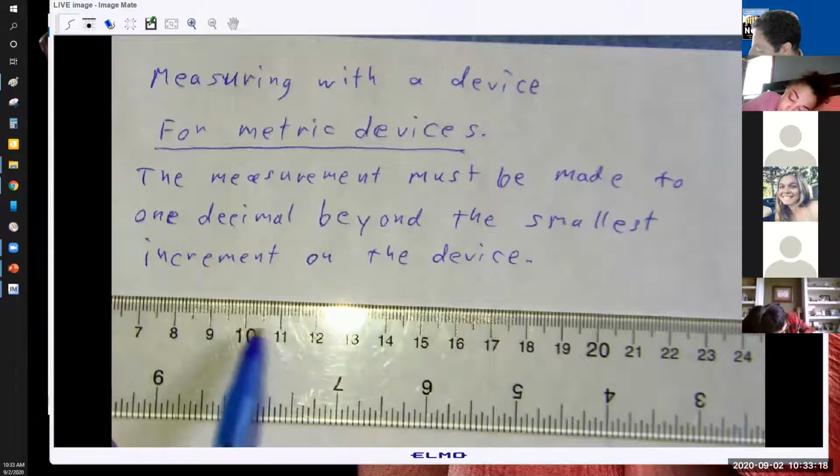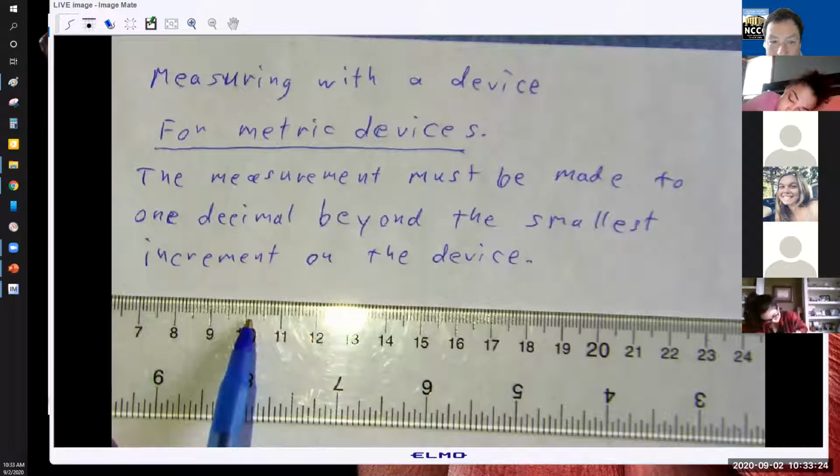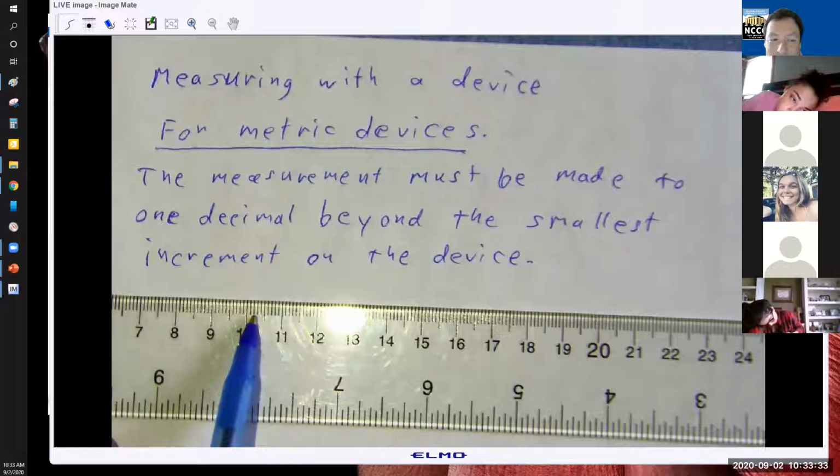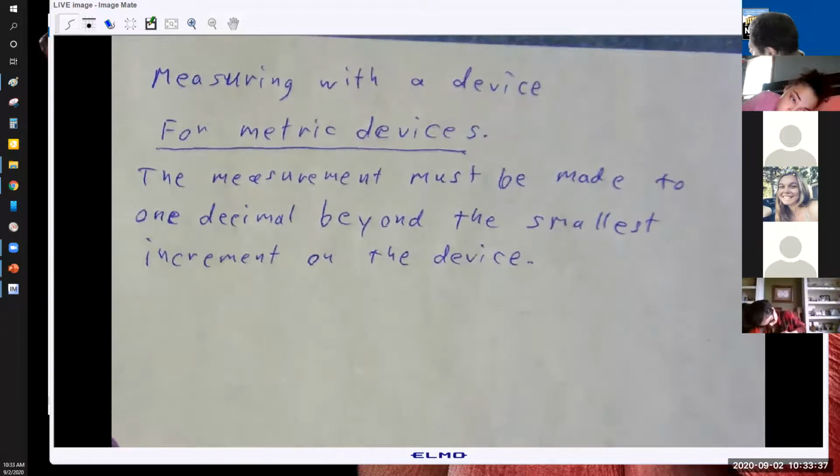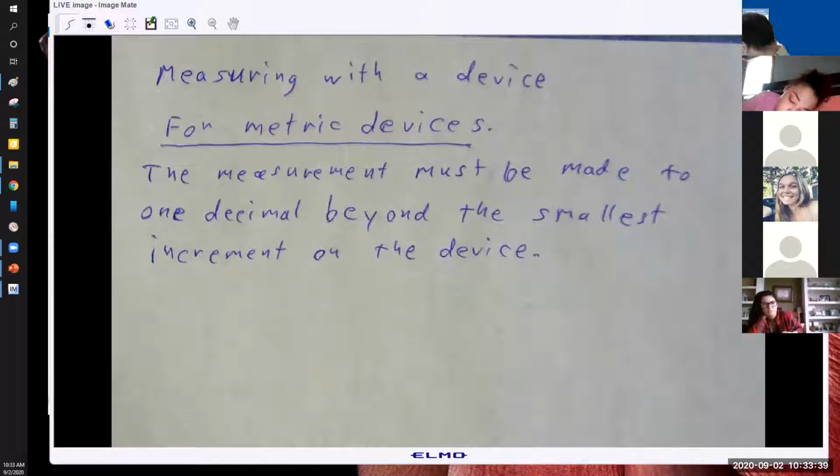So the major marking is centimeter, but we've got smaller markings, right? Small increments of millimeters. So we would take a measurement to the decimal place beyond that. So we'd say 10.15 millimeters.